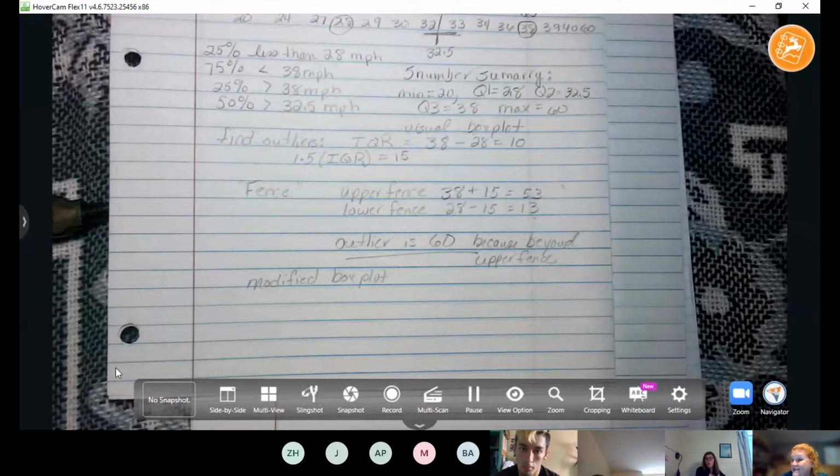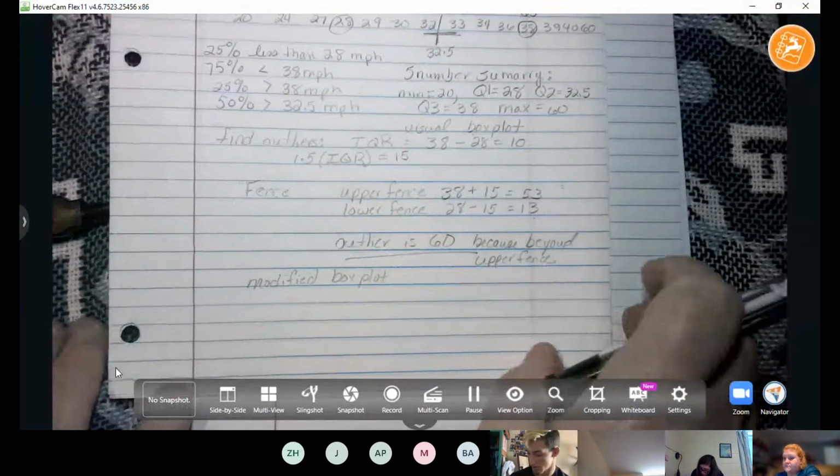So did this kind of help with that part a little bit? Yes, no, did it help a little bit? Do you need me to do a box plot for you? Would that be helpful to do that with you? Yes, please. Okay, I'll be glad to do that.